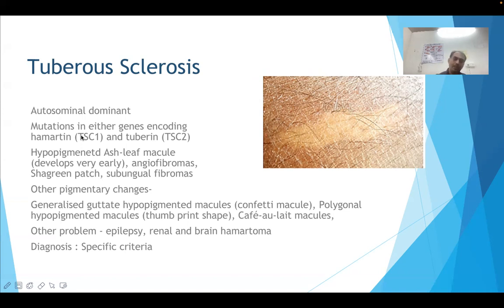The other pigmentary changes that occur mainly in this group of disorders are generalized guttate hypopigmented macules, also known as confetti hypopigmentation, polygonal hypopigmented macules, the thumbprint-shaped, and cafe au lait macules. Epilepsy, renal and brain hamartomas are very commonly other problems encountered in the patient with tuberous sclerosis.